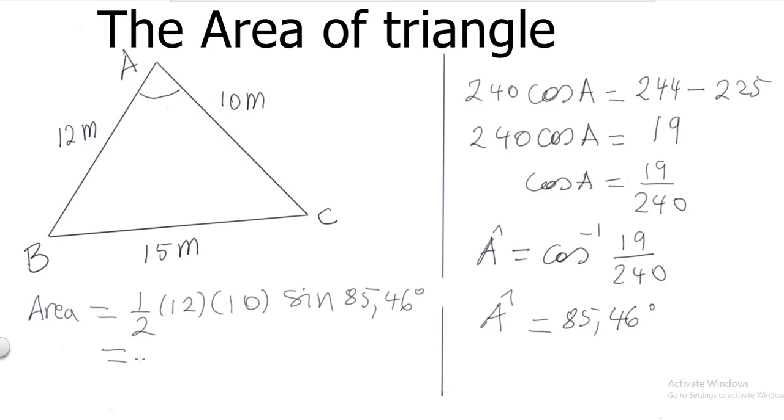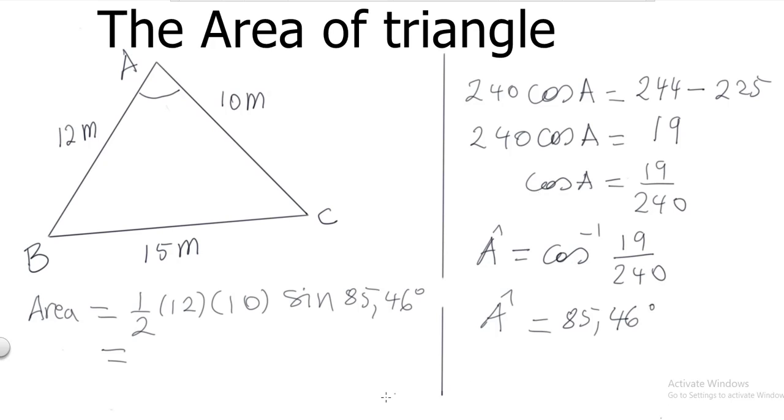So by using your calculator, you will have 0,5 or half times 10 times 12 times sine of 85,46.